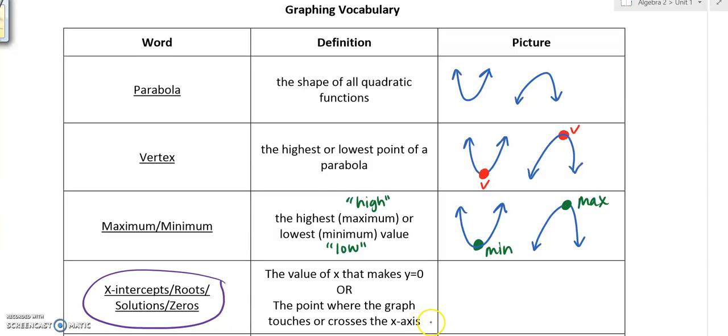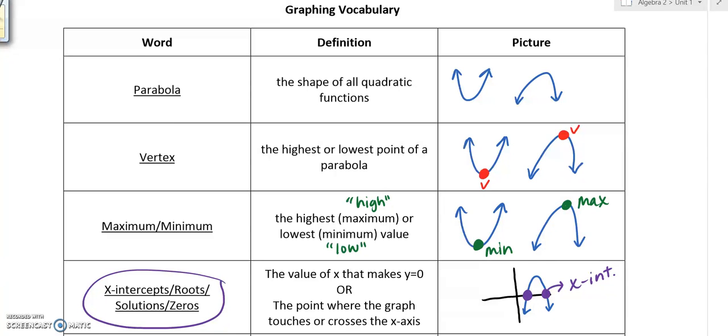It's just like an x-intercept that we've been talking about. So if I give you a little graph here, I'm going to put a parabola on it. There's my parabola. My x-intercepts, my roots, my solutions, my zeros are just these points right here where it crosses the x-axis. This is an example of an x-intercept, and we talked about that last unit.